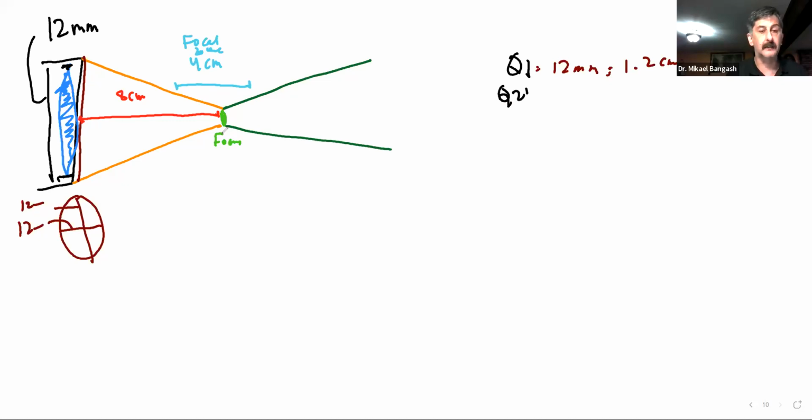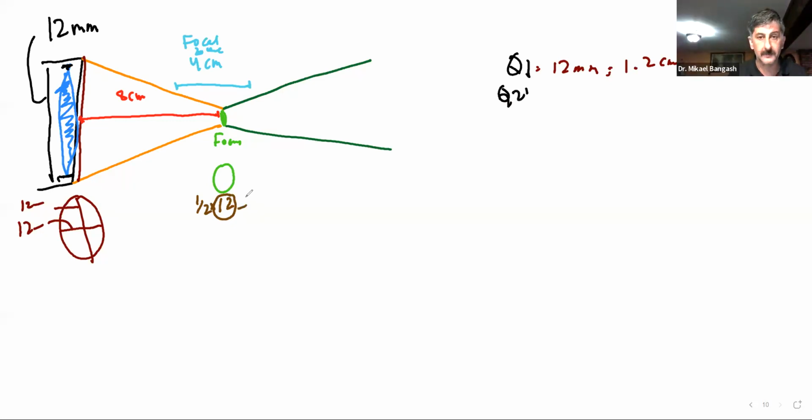And what did we just say? That the diameter of the beam at this point here is going to be half of what it was at the beginning. So it's just asking us, then what is half of 12 millimeters?